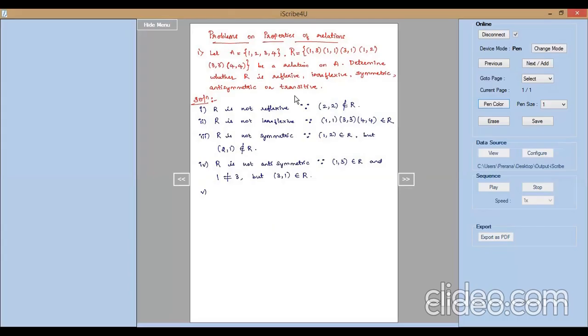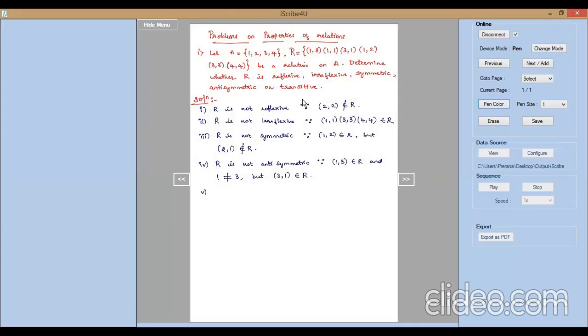Any relation R on a set A is said to be transitive if (a,b) belongs to R and (b,c) belongs to R, then (a,c) also must belong to R, for every a, b, c belonging to the set A. Let us observe whether it is satisfied or not.